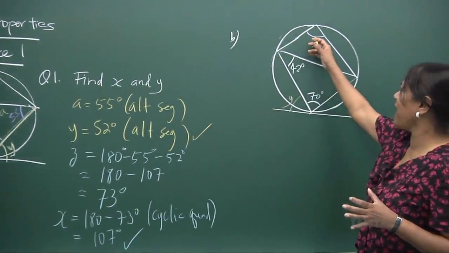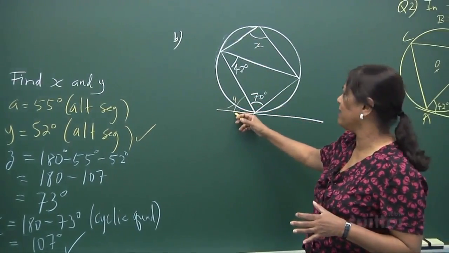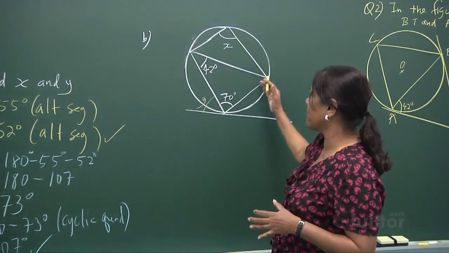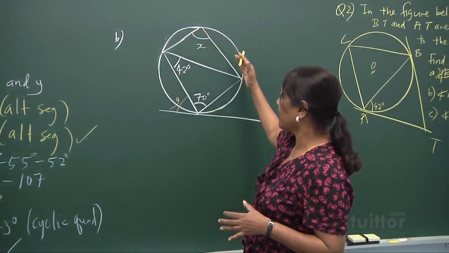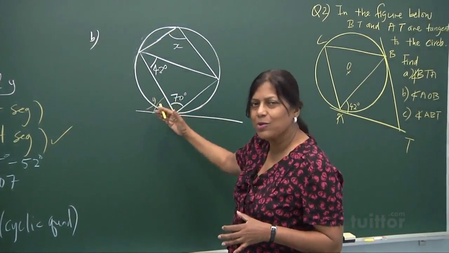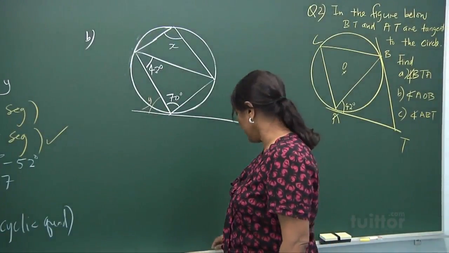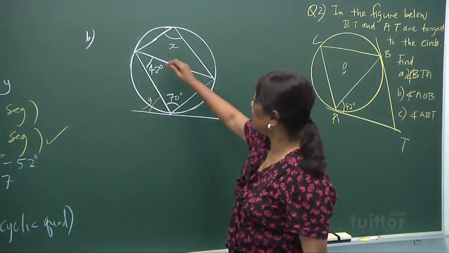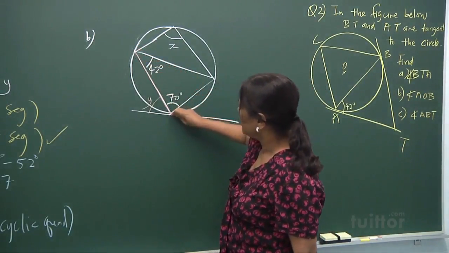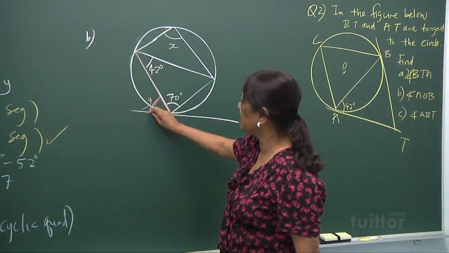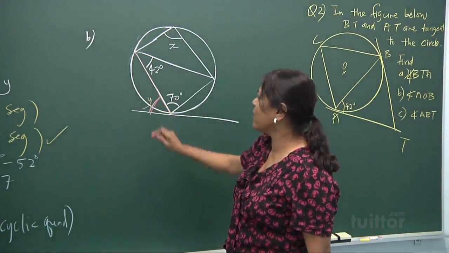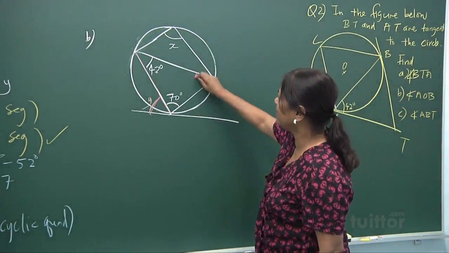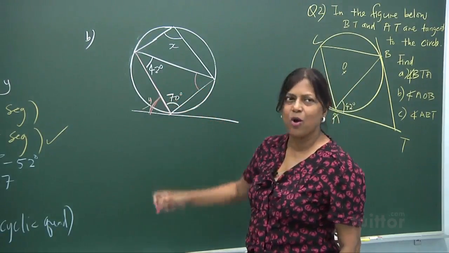Now let's look at a second sum. We want to find X and Y. Look at this, a cyclic chord. Do you see an alternate segment? The moment you see a tangent and a chord, you see this angle Y, which is equal to this angle here, facing that chord.